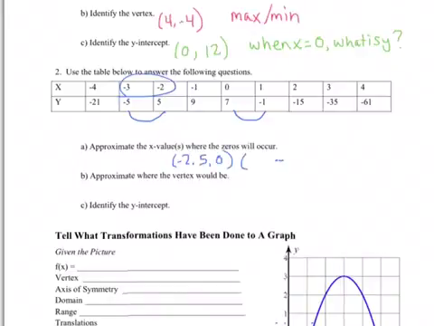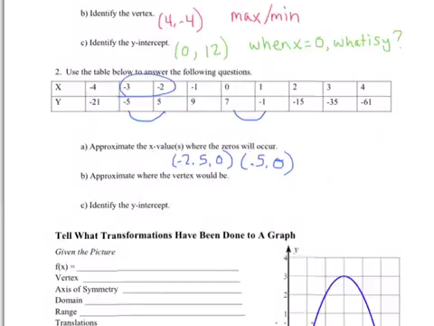And somewhere between 0 and 1, we'll say 0.5. If you wanted to say 0.6, you wouldn't necessarily be wrong, but I'll just let you choose somewhere in between those 2 points for now. For approximating where the vertex would be, I'm looking again for the max or the min. This time I'm noticing that at my extremes, this is getting more and more negative.